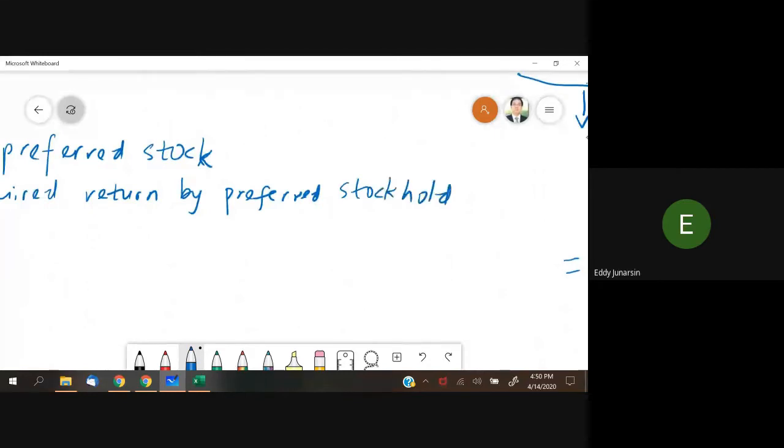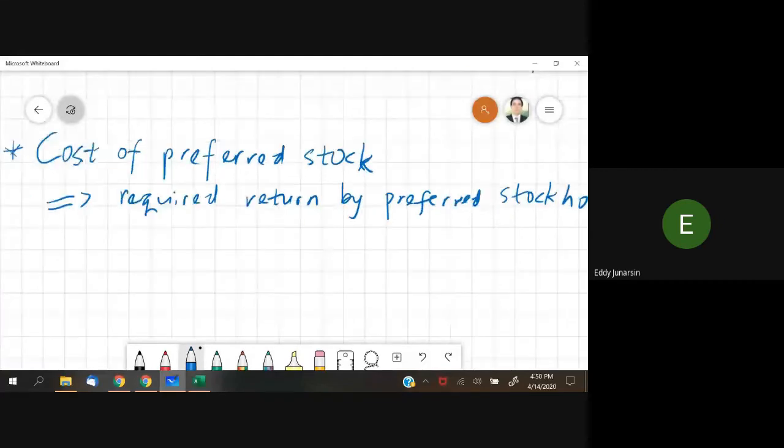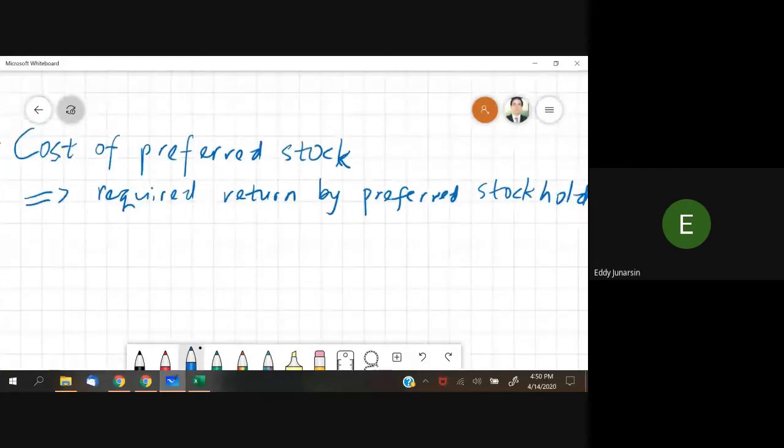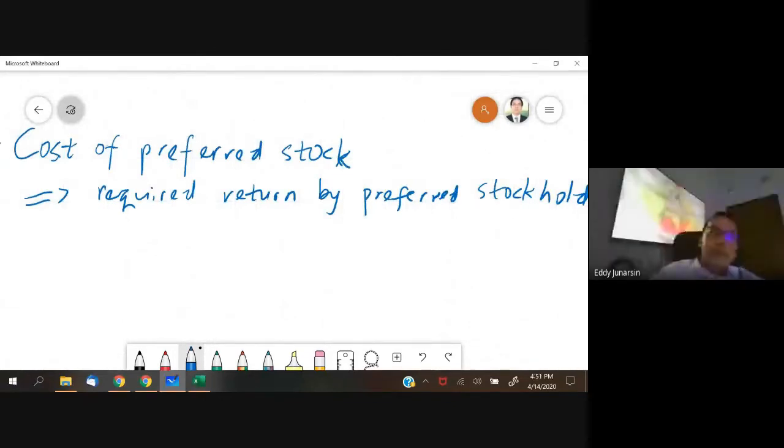It's always the same analogy from one type to another. So cost of preferred stock is a required return by preferred stockholders because they are the money providers. Right?